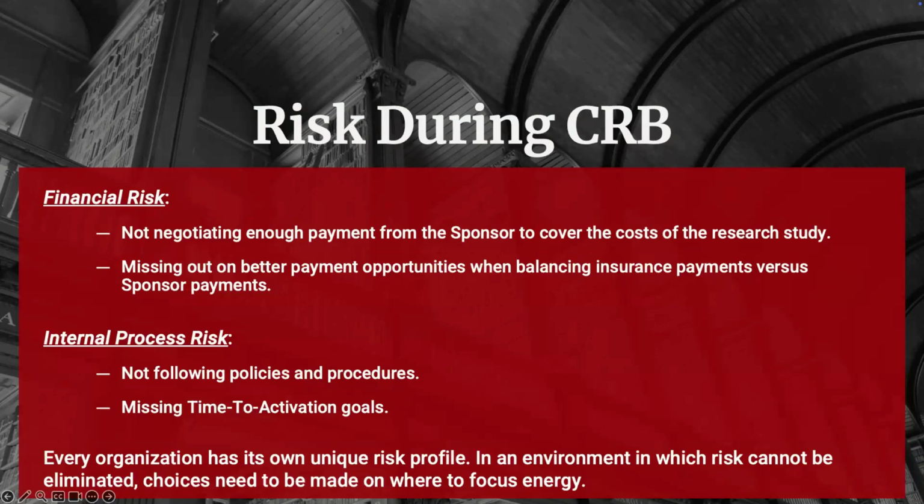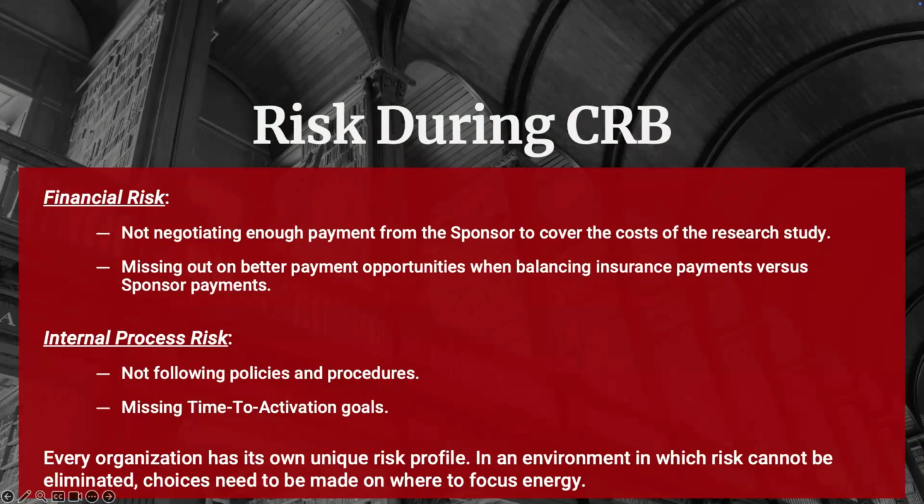So if you say, "Oh, actually, sponsor, I know that you're offering to pay for this, but we don't need to take the money because we can bill insurance for that," that is presenting a financial risk because the organization is missing out on a better payment opportunity, a more advantageous amount of money that they're receiving for these services.